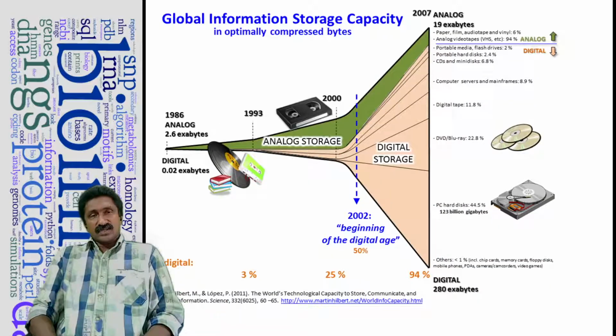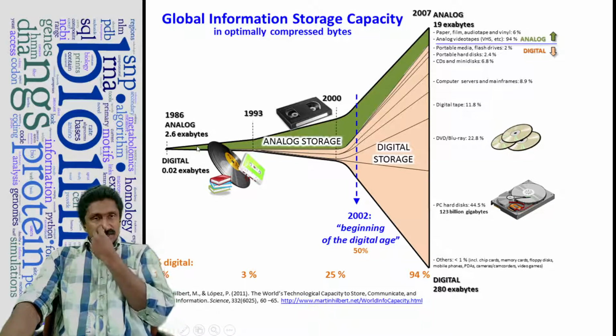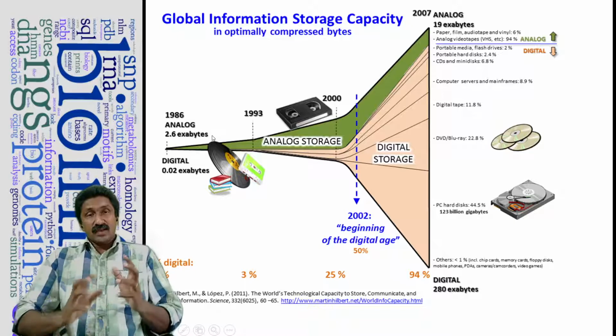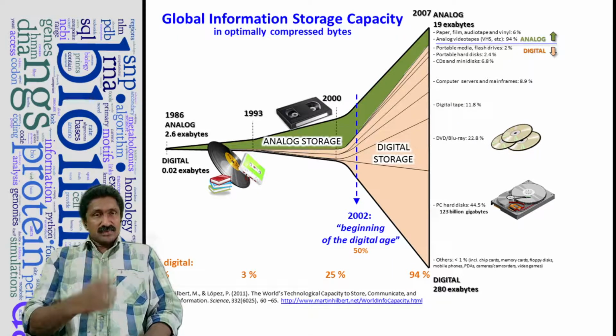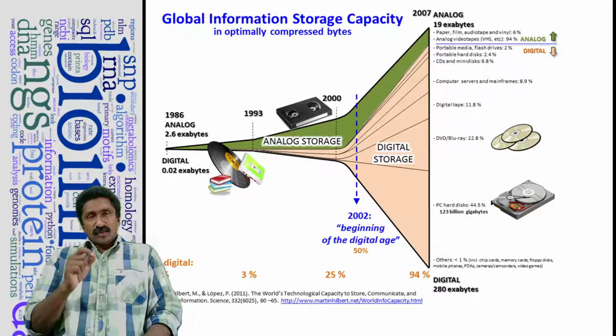When we come to this slide, you can see that in 1986 about 2.6 exabytes of data were existing, and that data was stored in analog forms, maybe books or some tapes, etc. These are all analog storage devices, whereas only 0.02 exabytes of data were available at the time in digital format.